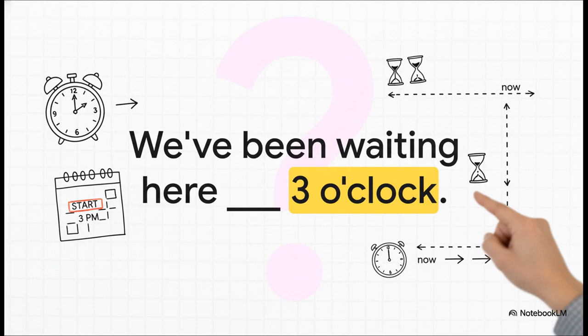We've been waiting here blank 3 o'clock. Is it for or since? The answer is B, since. 3 o'clock isn't a duration. It's a specific starting point in time.